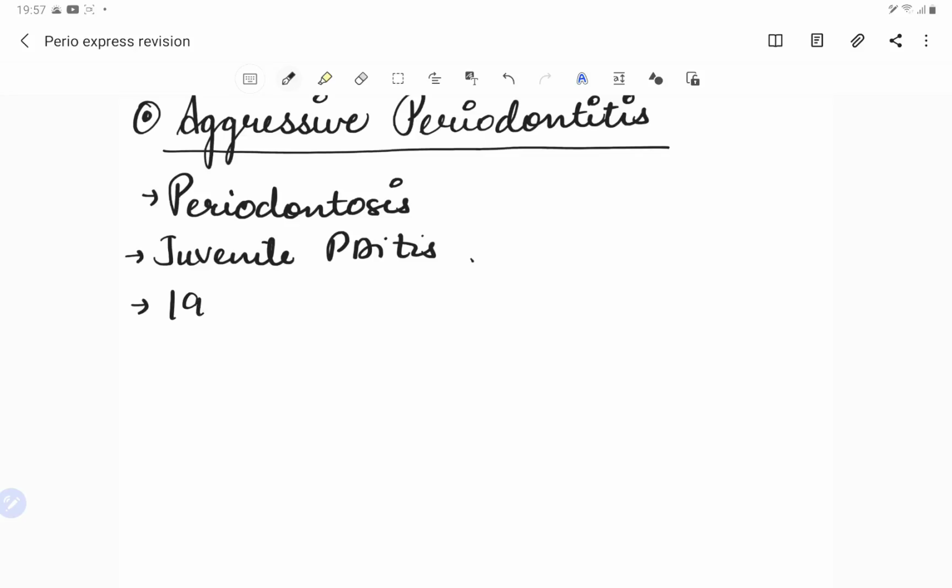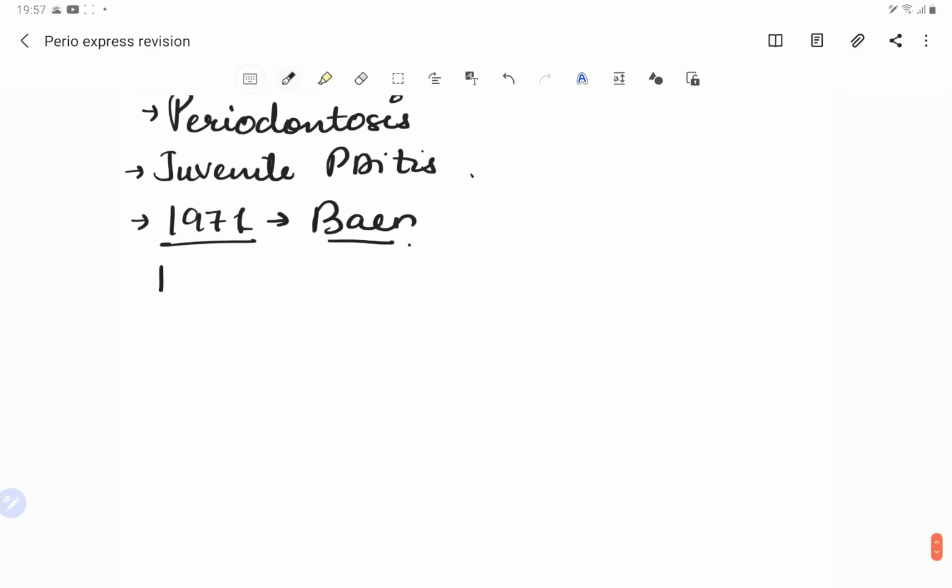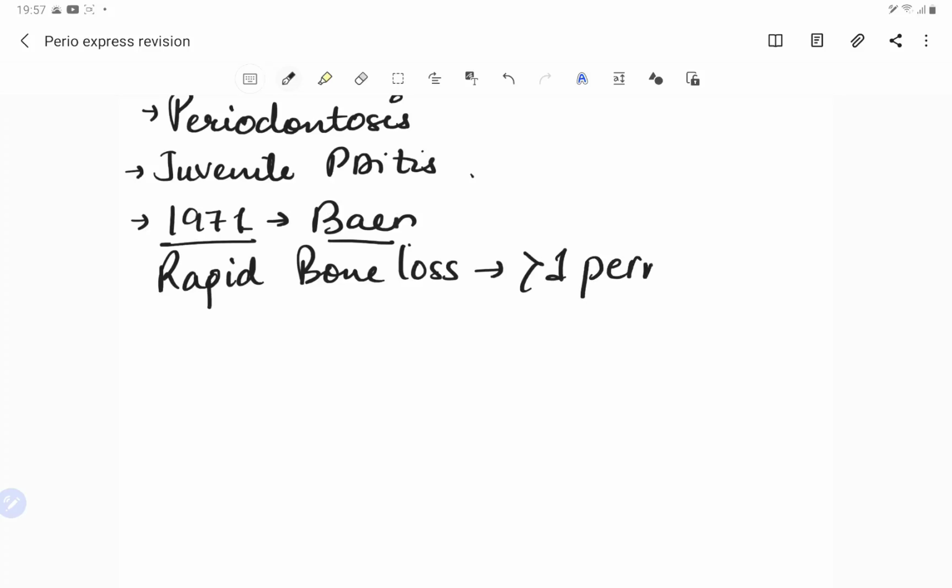In 1971, Bayer redefined periodontosis. He said that periodontosis is a rapid bone loss around more than one permanent molar teeth.